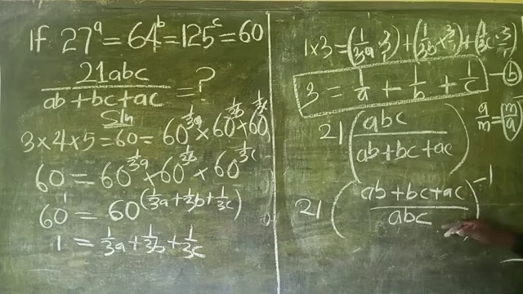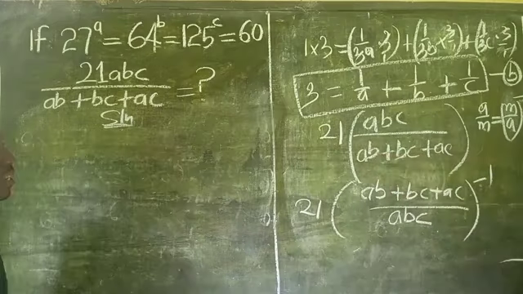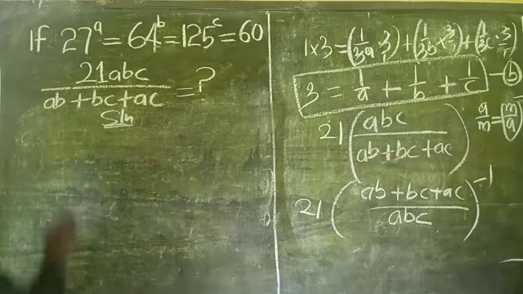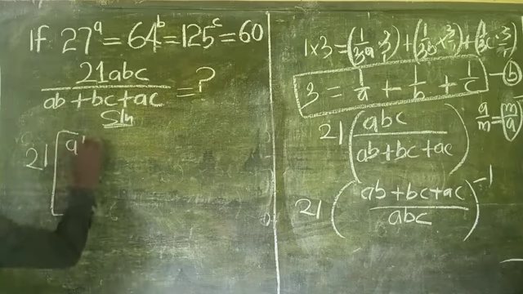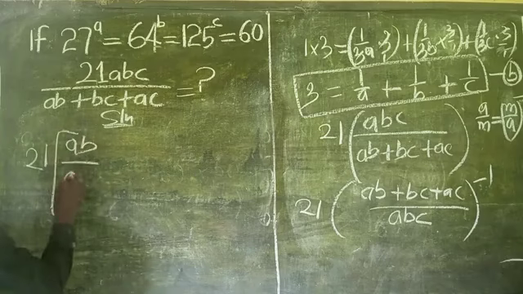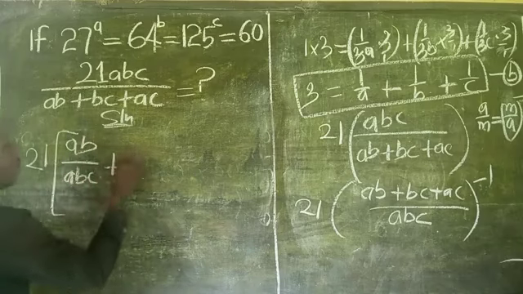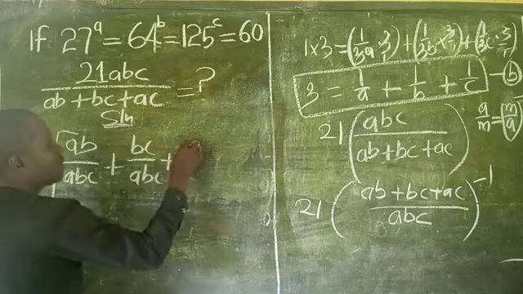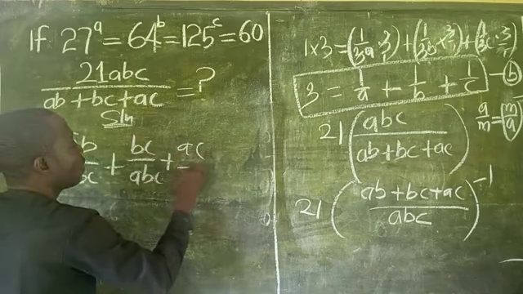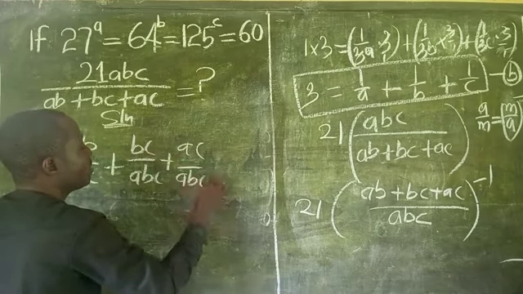So we want to solve from here, from the other side. We can rearrange that to mean 21 into AB over ABC plus BC over ABC plus AC over ABC.